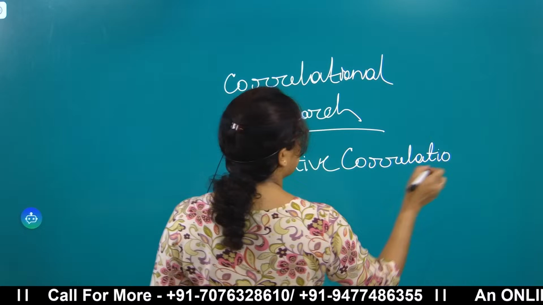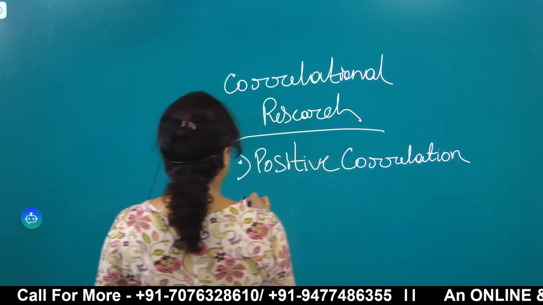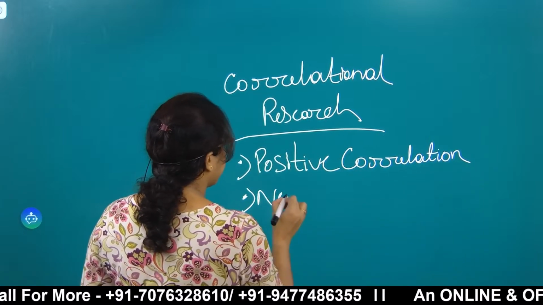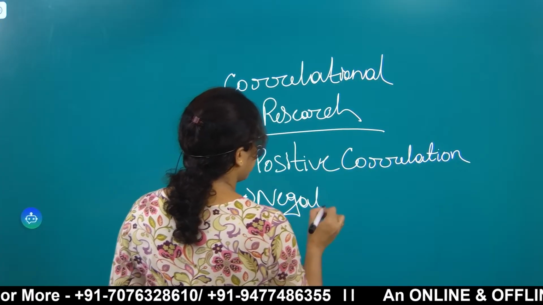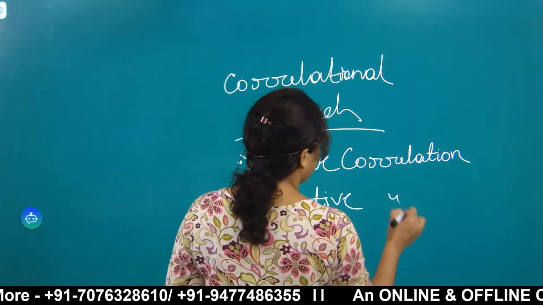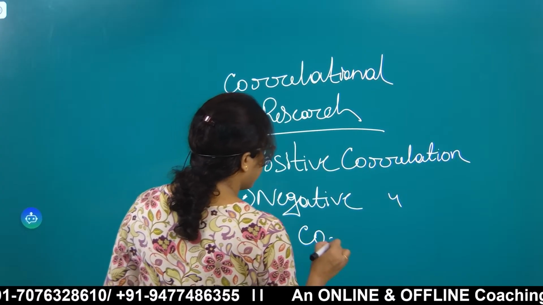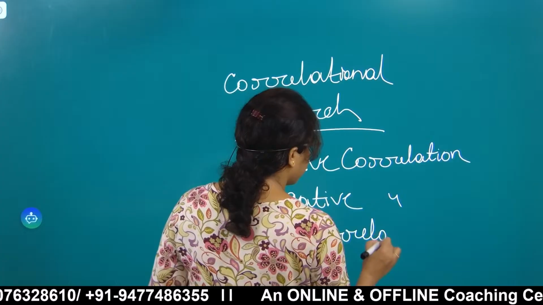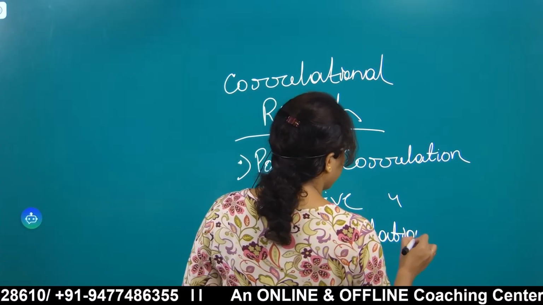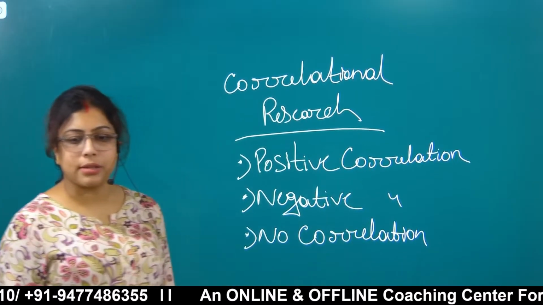Second one is negative correlation. And the third one is no correlation. Right. Let us go by the examples.